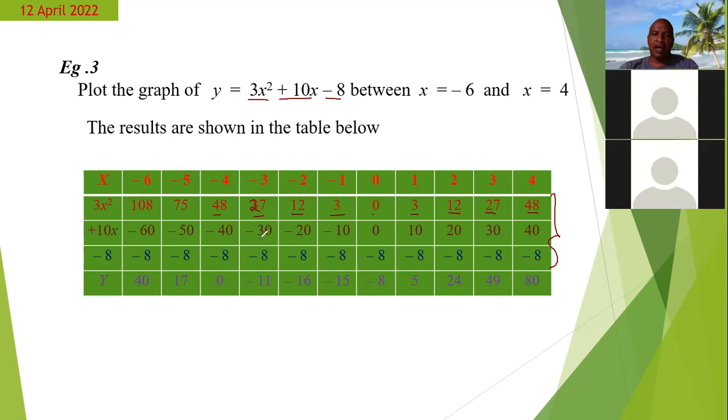So we would now have 38 minus 27. So it would be negative 11.